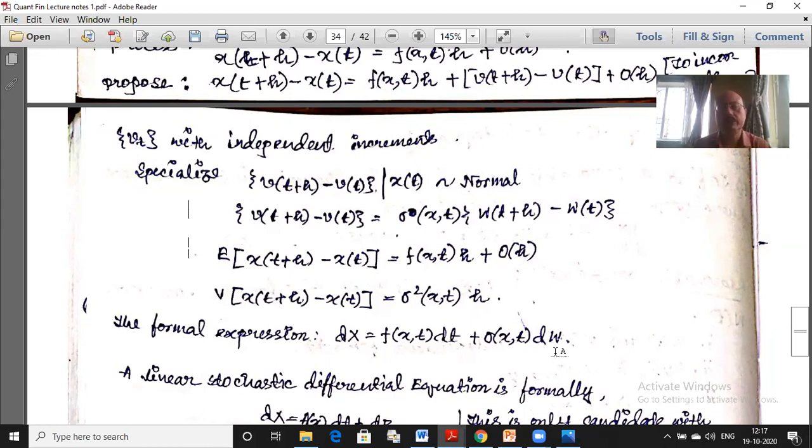For the difference equation, the variance was given by this expression, sigma squared times h. Now when I am writing it in the differential form, what would be the order of the variance? Zero. It will go to 0, but what is its order? Can you match it with some other order in this equation?